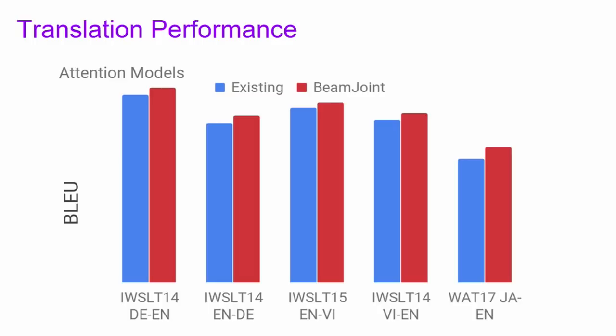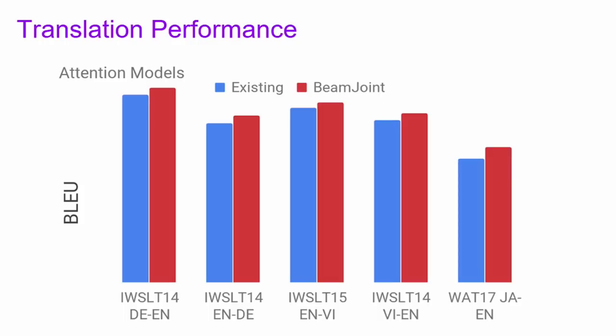So here is the performance in terms of BLEU score, which is a measure of accuracy of translation systems, across 5 different tasks. We are comparing the accuracy obtained by the existing soft attention based encoder-decoder model with this beam joint model, which creates a joint distribution between the attention and the output variable, and we get a slight improvement in accuracy.